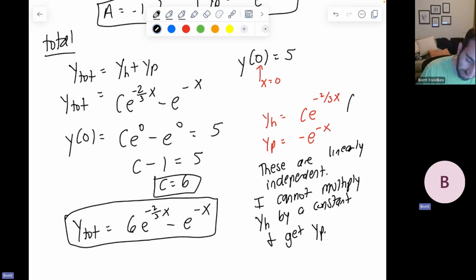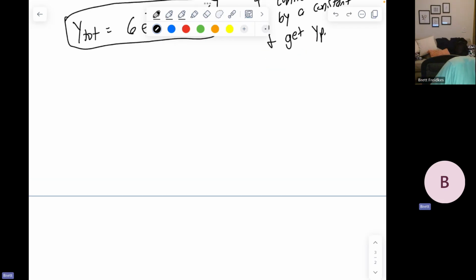Like I can't just say, oh, let's multiply this by 3 and expect to get the same exact answer, because they have different exponents in the exponential. If they had the same exponent, then we have a problem. But they don't in this case, so we're okay. Let's do an example where I have the same exponent. We'll see what that looks like.